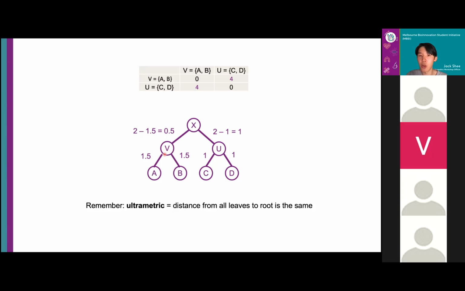So we can basically do this kind of recursively, and then we can have an actual defined branch length to ensure that the ultrametric property is satisfied. So this is basically the result of the UPGMA algorithm.